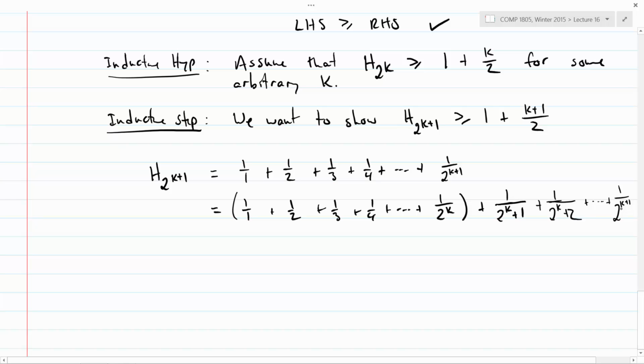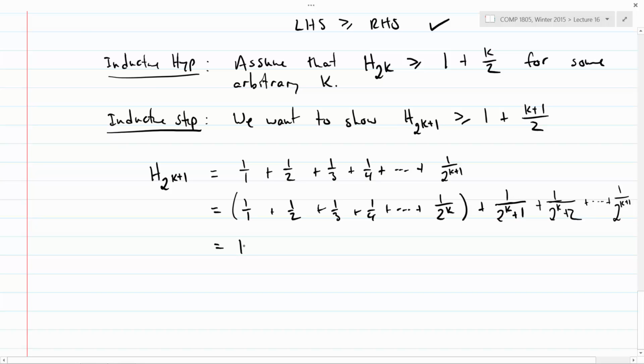So that's really important, because in the previous two examples, once I left off something, I only left off one thing. In the previous examples, I had the inductive hypothesis plus one extra term. Here I don't have the inductive hypothesis plus one extra term. I have the inductive hypothesis plus a bunch of extra terms.